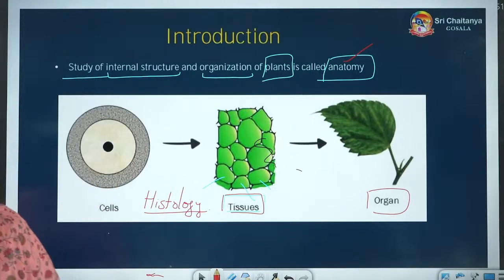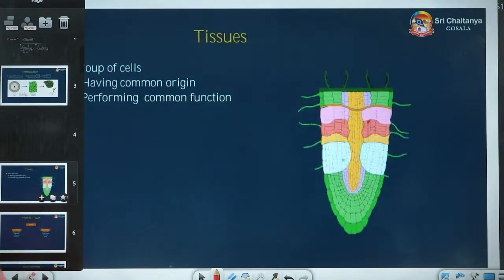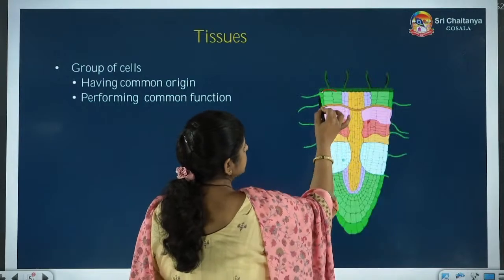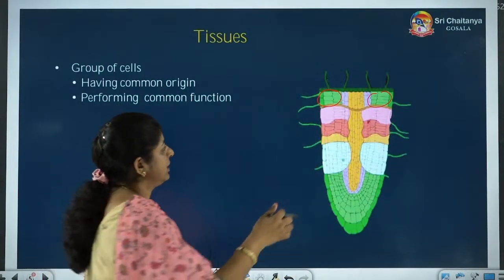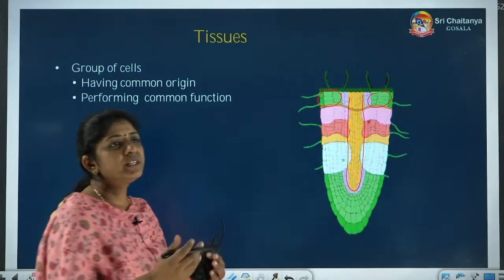Now let's see the next one. Here you have the tissues and how they are arranged. This is a cluster of tissues performing some specific function, and here they are internally performing some specific function. But what is that function?